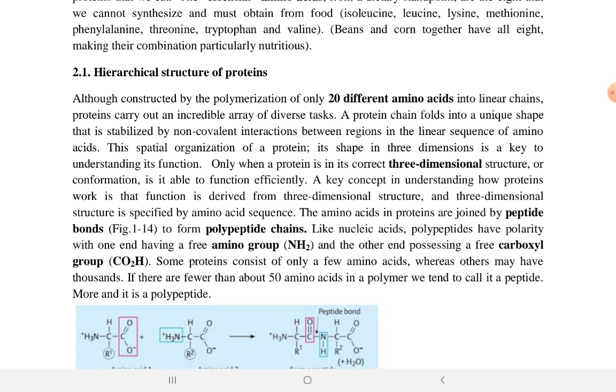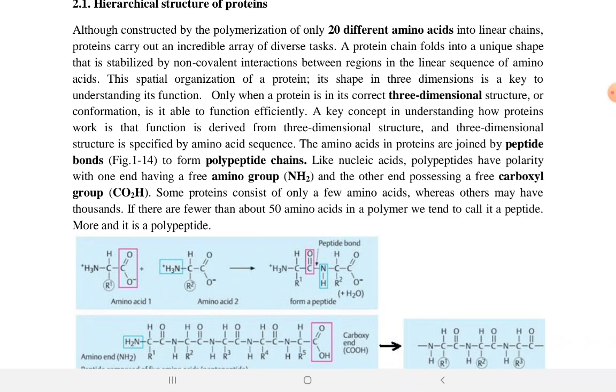So if we have the structure of an amino acid as you see here, we find different parts which make up the protein molecule. An amino acid must have the carboxylic group, the amino group, and the carbon backbone. Here we have 2 amino acids which combine together to form a polypeptide chain.